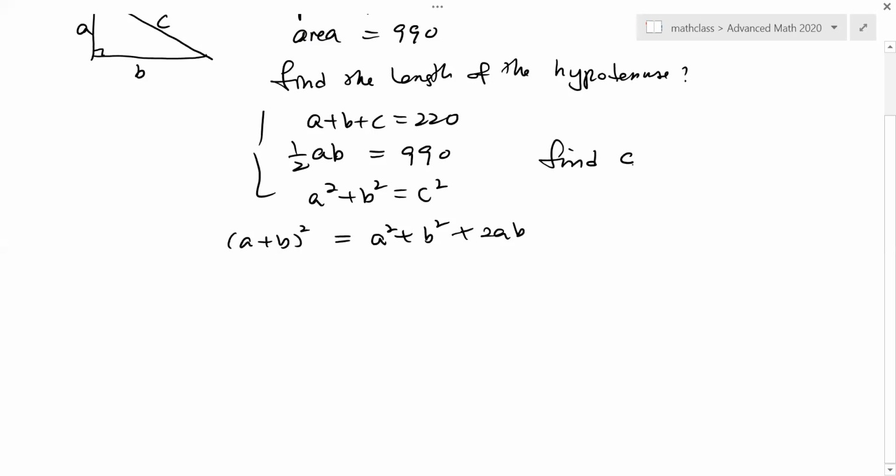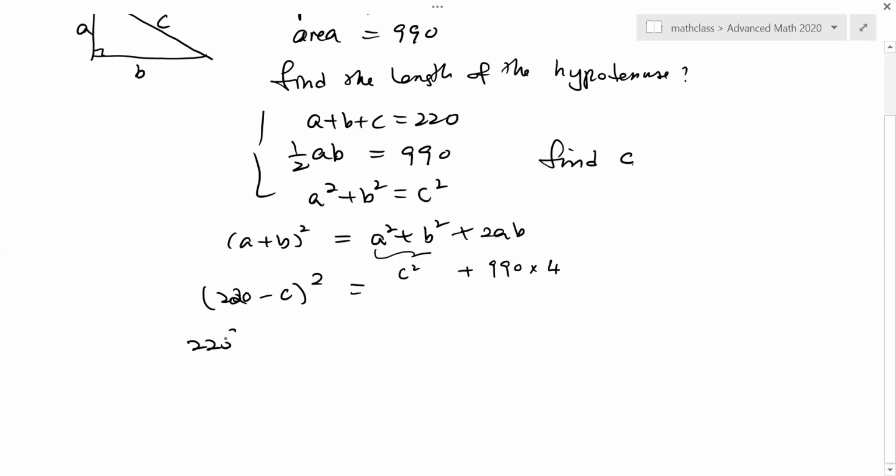What you are given: this can be replaced by C squared, and this can be replaced by 990 times 4, because AB is going to be 990 times 2. And how about the other side? A plus B, but we are given A plus B plus C equals 220, so A plus B is 220 minus C, squared. So you get an equation in C only.